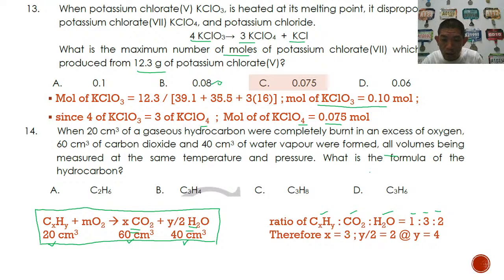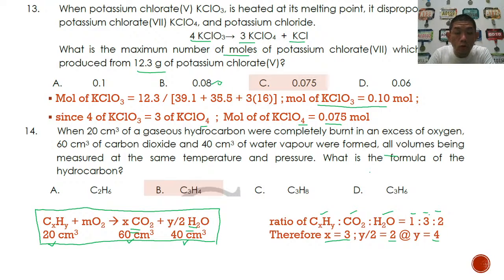Therefore, you can straight away deduce x will be equal to 3, since stoichiometrically 1 carbon is to 1 carbon dioxide. If 1 hydrocarbon produces 3 carbon dioxide, the number of carbon inside this hydrocarbon is 3. As for the hydrogen, since y over 2 is equal to 2, you get y is equal to 4. So at the end of the day, the formula of the hydrocarbon involved is C3H4. That is for number 14.